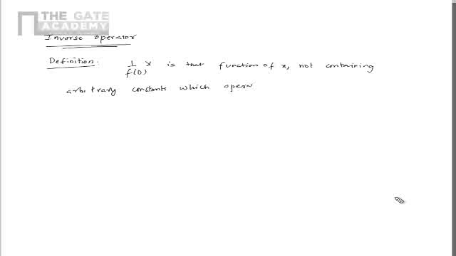The definition is that 1 by f(D) x is that function of x, not containing arbitrary constants, which when operated upon by f(D) gives x.